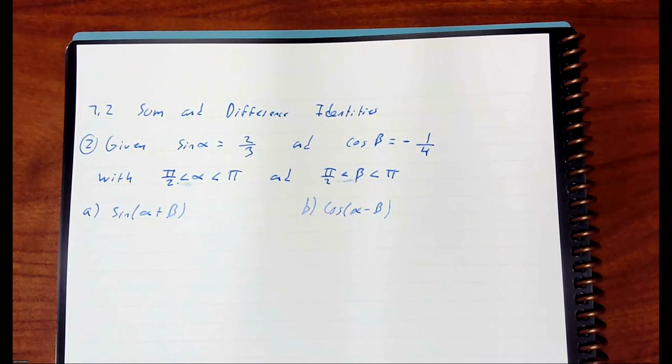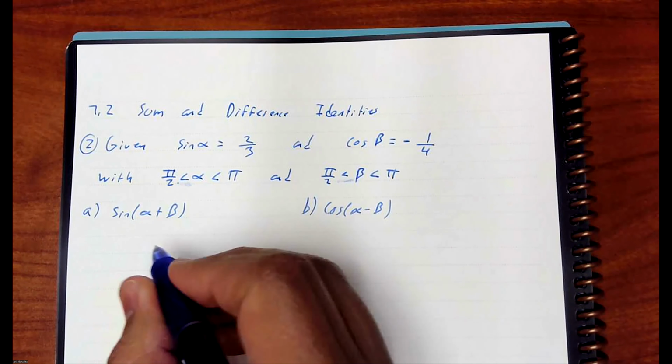So I'm going to ask something like this. I don't know if I'll have two parts or not, but for sure, I'm going to give you some information. Find the sum of angles. Okay. What I recommend is you start by building a triangle. Build one for alpha. So here's our work.